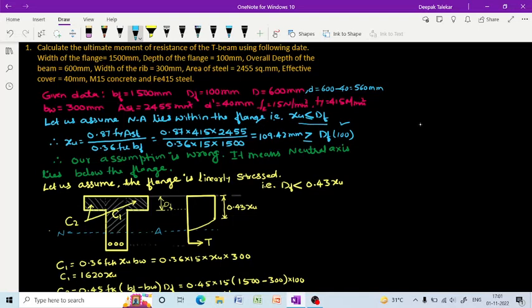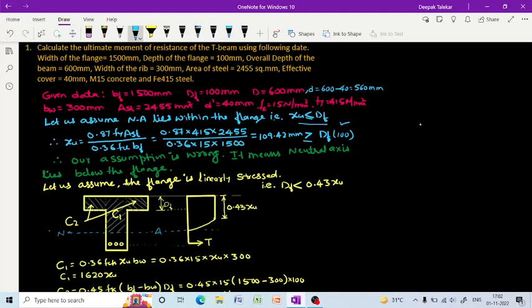So let us assume that the flange is linearly stressed. Now look here. The neutral axis is below the flange. Here again two cases arise. One is whether the entire flange is linearly stressed or non-linearly stressed.